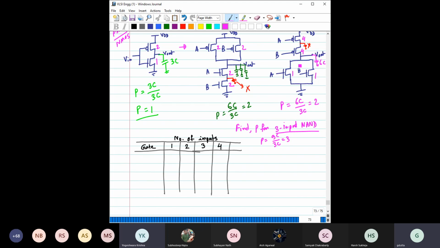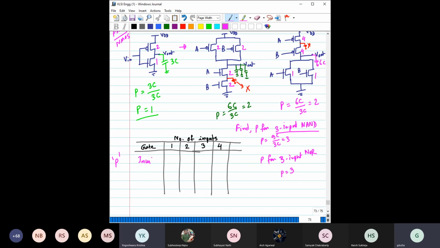Similarly, if you do it for P of a 3 input NOR gate, please check it out. That will also become equal to 3. Now we are tabulating the value of P for different gates for different inputs.